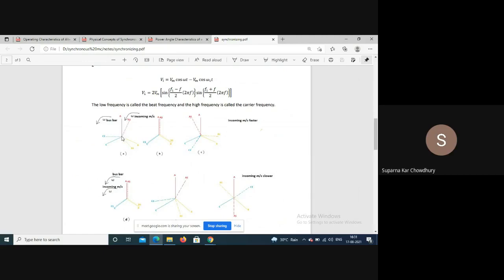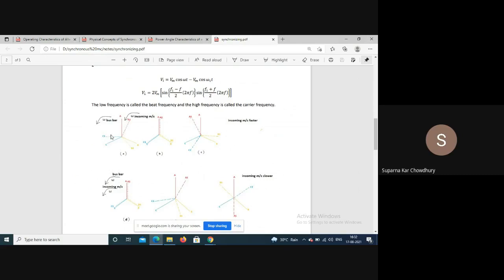First of all, let us see how we can ascertain the conditions from this particular figure. Let us assume these bold lines A, B, and C give the bus bar voltages, and A1, B1, and C1 are the incoming machine voltage phasors. For the above figure, I have considered that the incoming machine is faster.